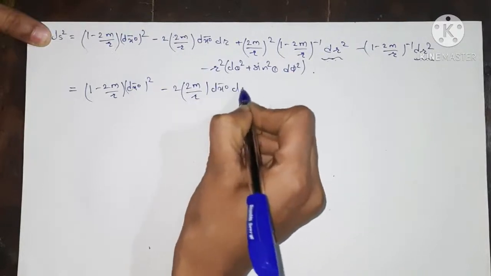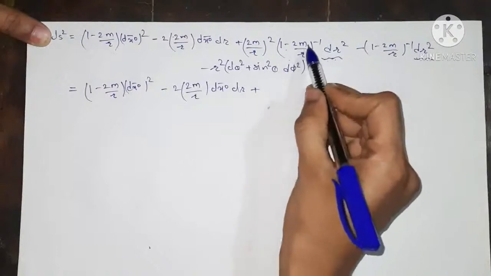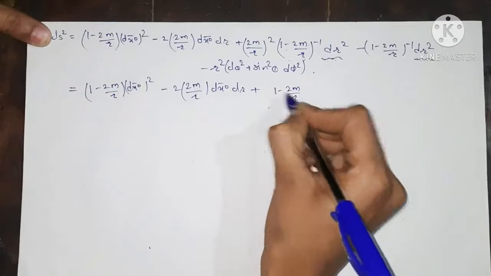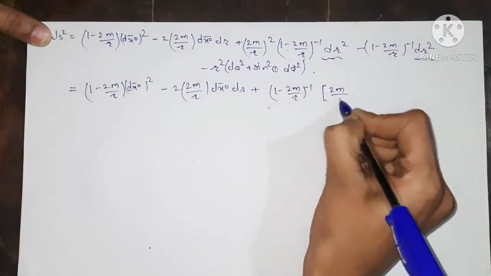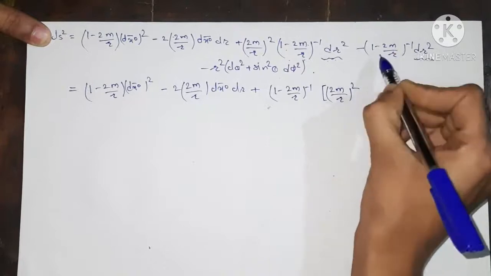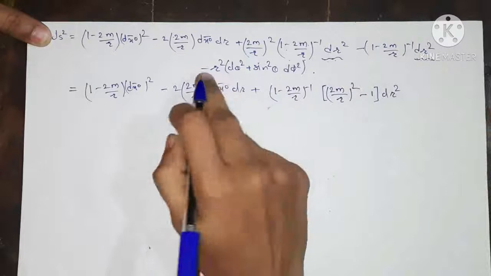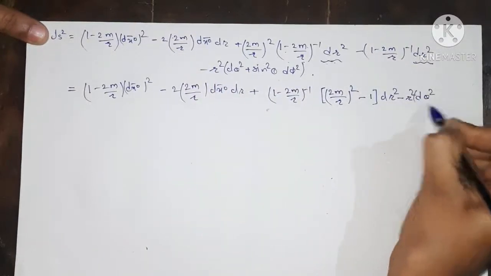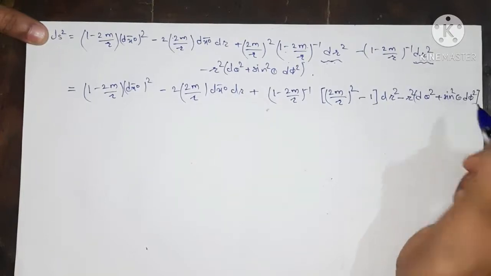dx0 bar into dr plus, after taking the common, (1 minus 2m/r) inverse minus (2m/r) squared in bracket, here we remain with minus 1 into dr squared, and this term as it is, minus r squared (d theta squared plus sine squared theta d phi squared).